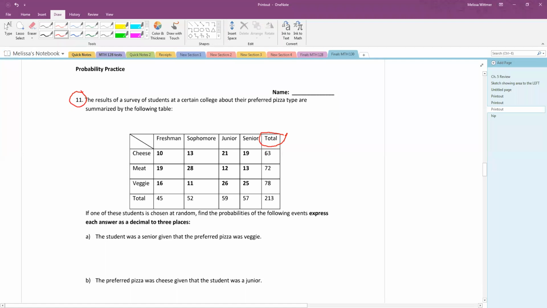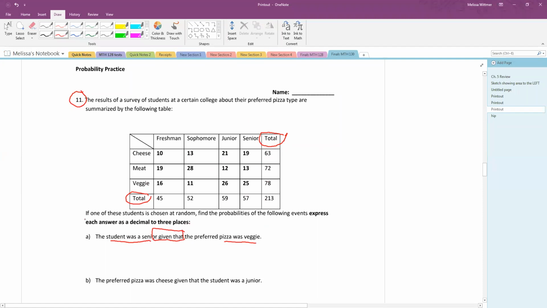So be really careful when you're adding the numbers, don't add the totals again into that. And then we have cheese, meat, veggie, and again, we've got this total of the columns and the rows. If one of the students is chosen at random, let's find the probability that the student was a senior, given that the preferred pizza was veggie.